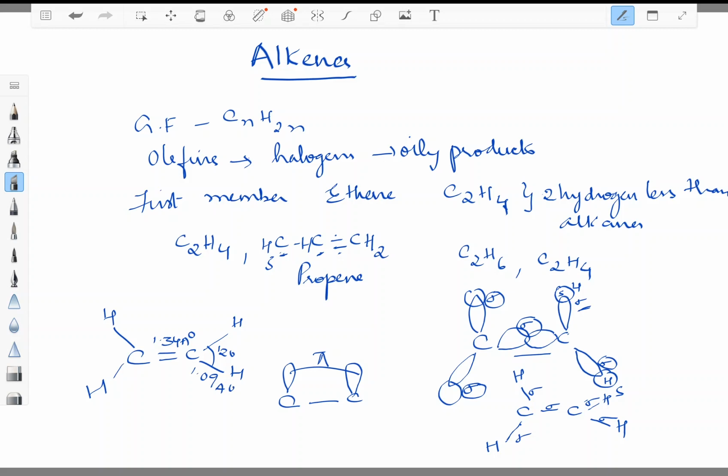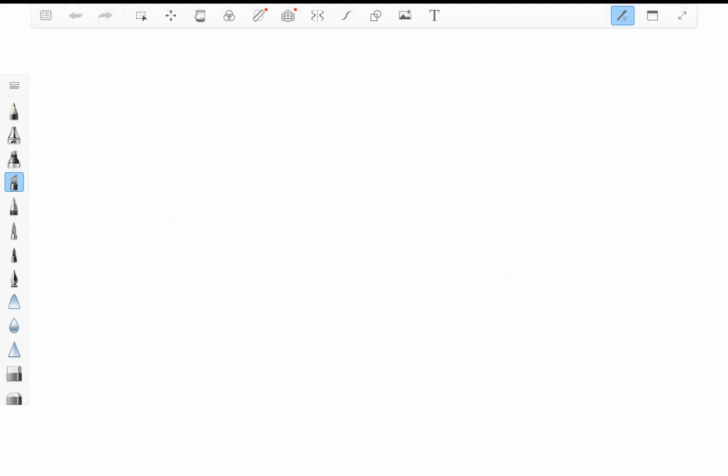The subsequent part that we are going to study now is with regard to the nomenclature and also the isomerism seen in alkenes. In nomenclature, there are two types. What is nomenclature?